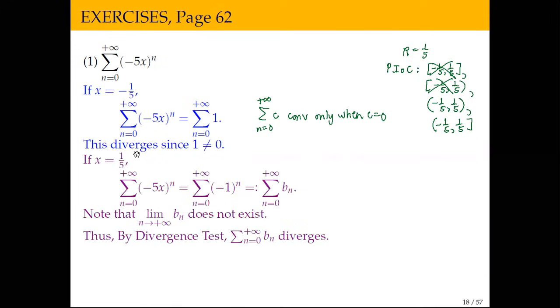Thus, 1/5 is not included in the interval of convergence. So, tatanggalin na natin yung possibility na ito. Thus, our radius of convergence is 1/5 and our interval of convergence is this interval. And this is our answer for number 1.